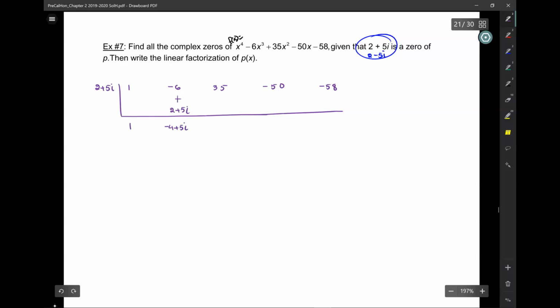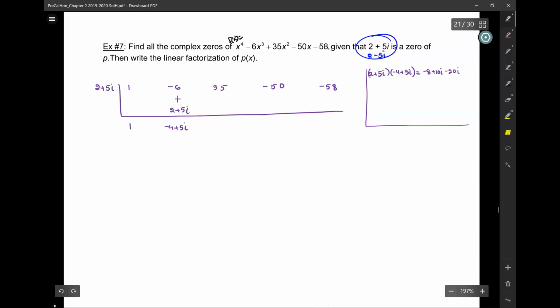Now, I'm going to multiply that with this. Yikes. Okay, let's just go off on the side here and do that. 2 plus 5i, negative 4 plus 5i. Okay, FOIL. Negative 8 plus 10i minus 20i.